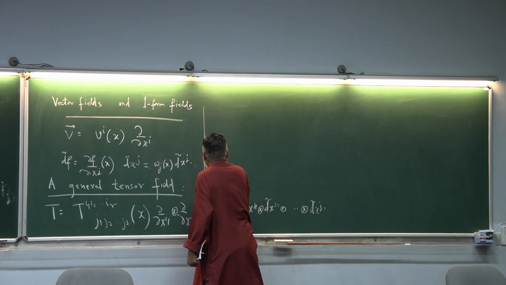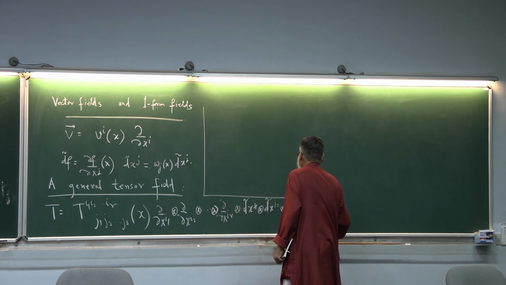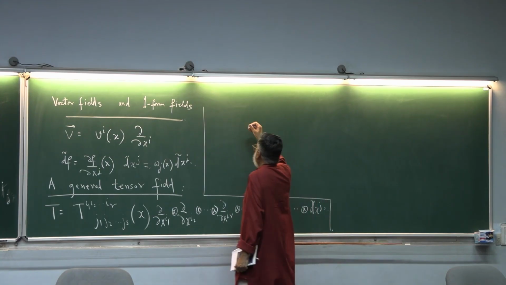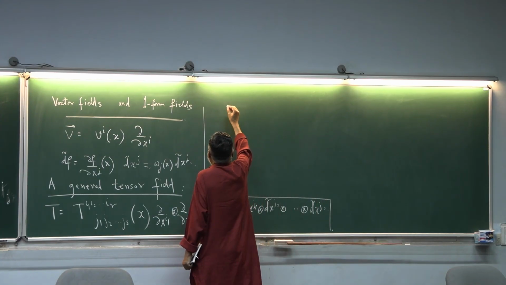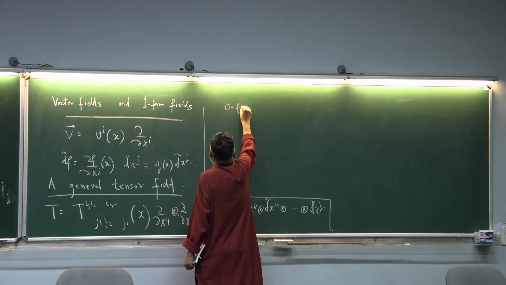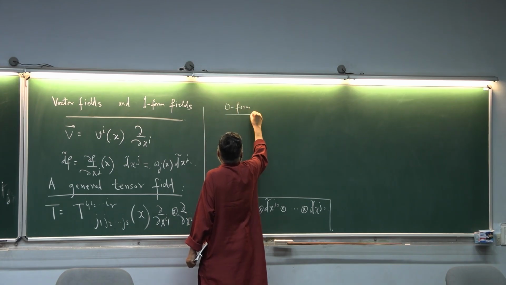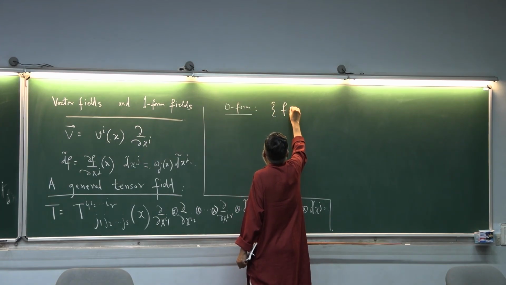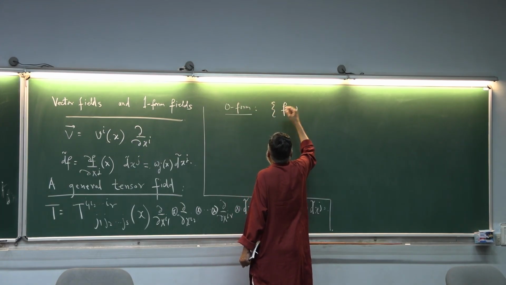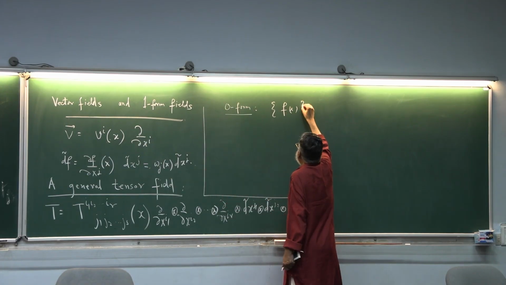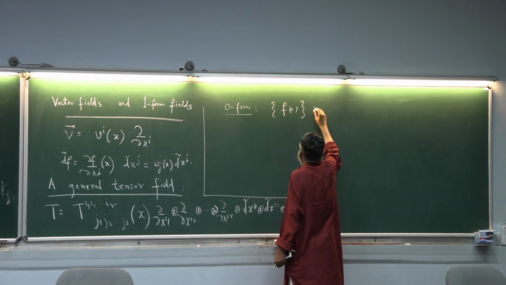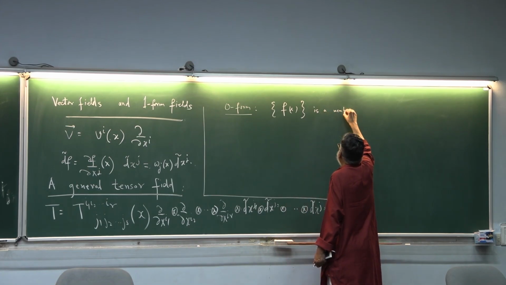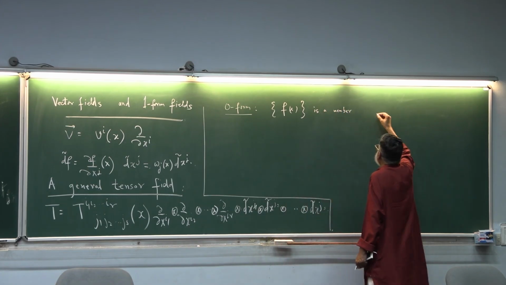yesterday I talked about higher forms. Higher forms are achieved by using antisymmetrization. So if you talk about the zero form, any normal continuous function, the set of all functions, now I'll call X because these are fields now, is a member of the zero form space.